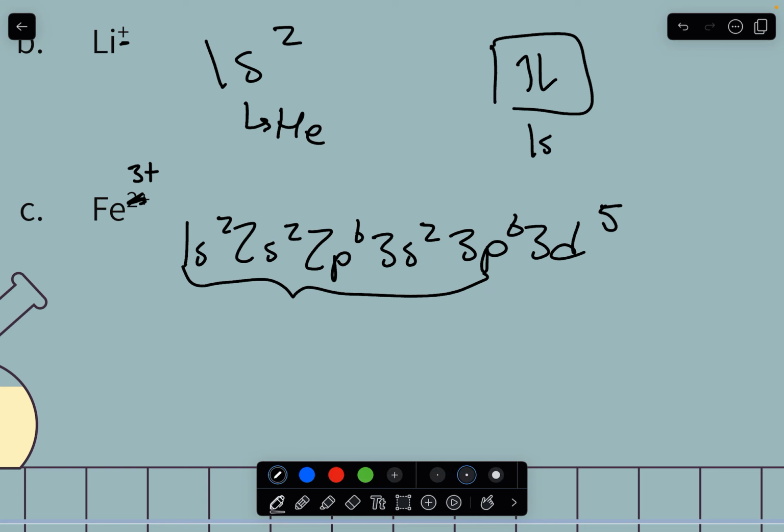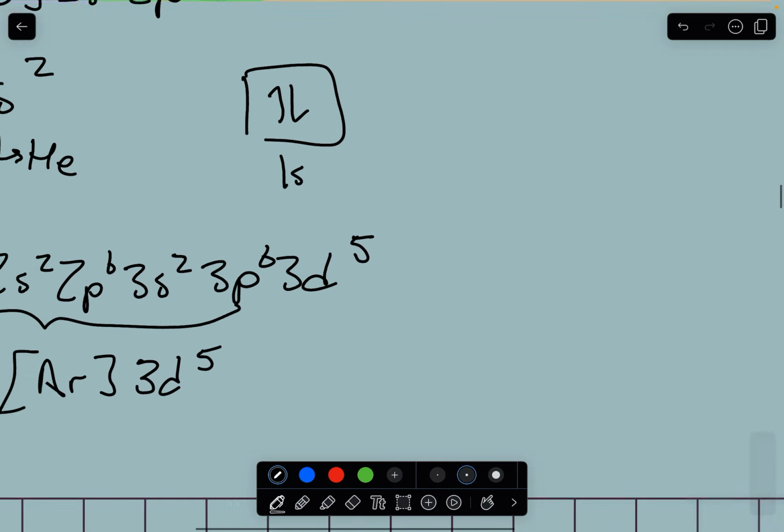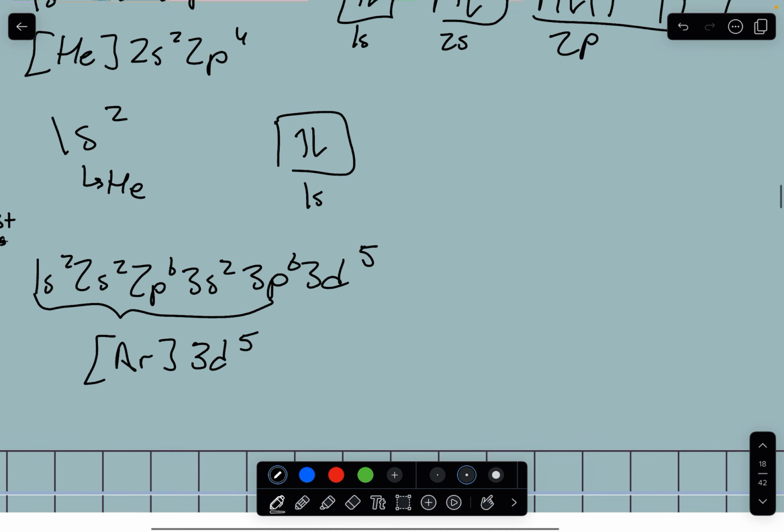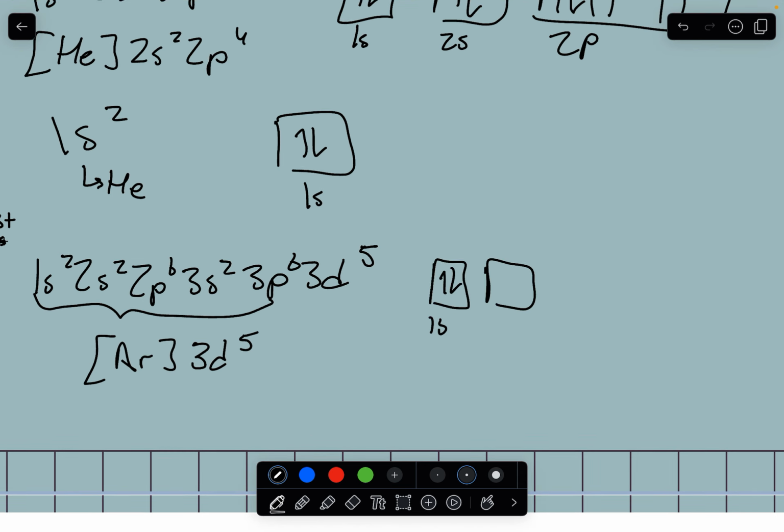That's where I got those numbers from. The abbreviated is argon, 3d5. And then for the orbital notation, we're going to start with the 1s. We have 2 electrons there. 2s, we have 2 electrons.